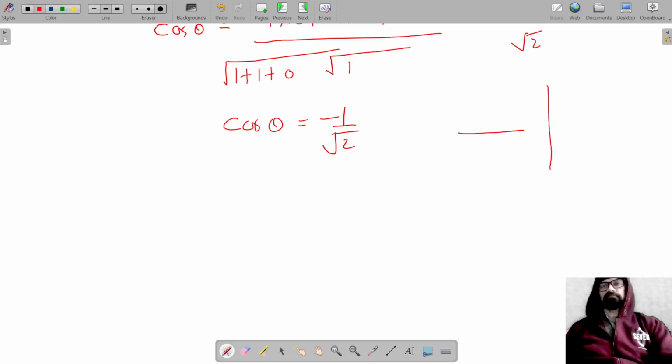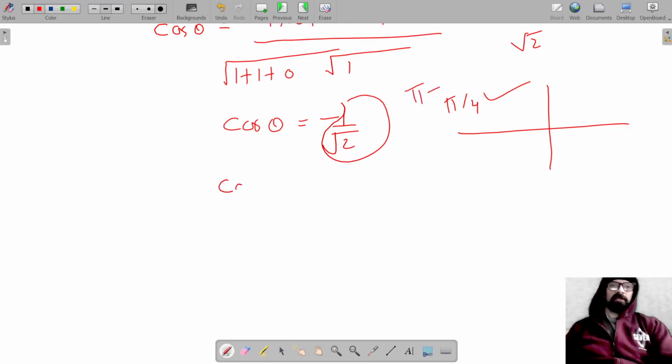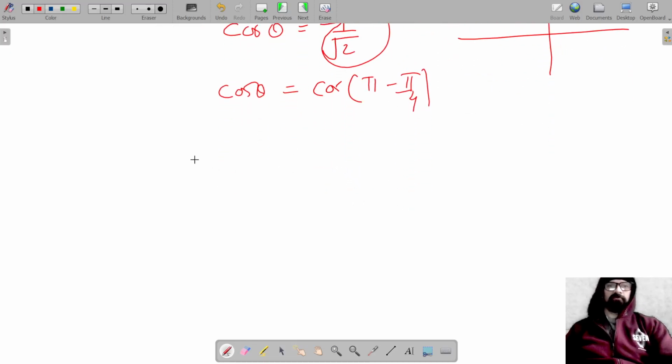Now, cos is negative in the second quadrant, and the base angle for 1 by root 2 is pi by 4. So if we have to stay in the second quadrant for negative cos, I can write it as cos of pi minus pi by 4, which will give me the value negative 1 by root 2.